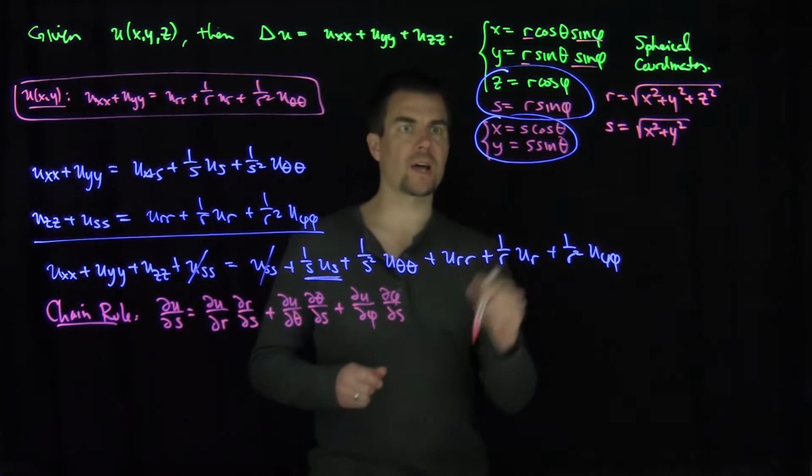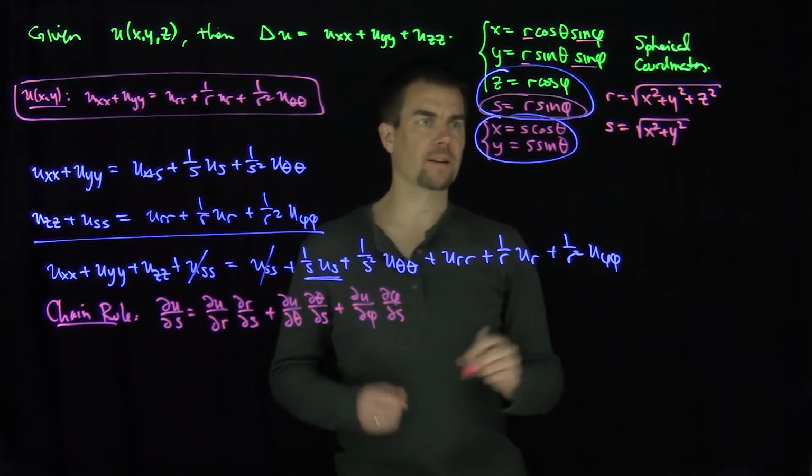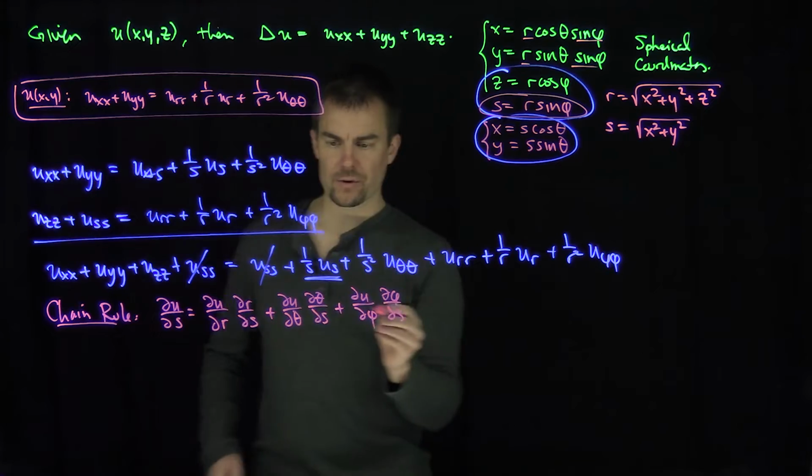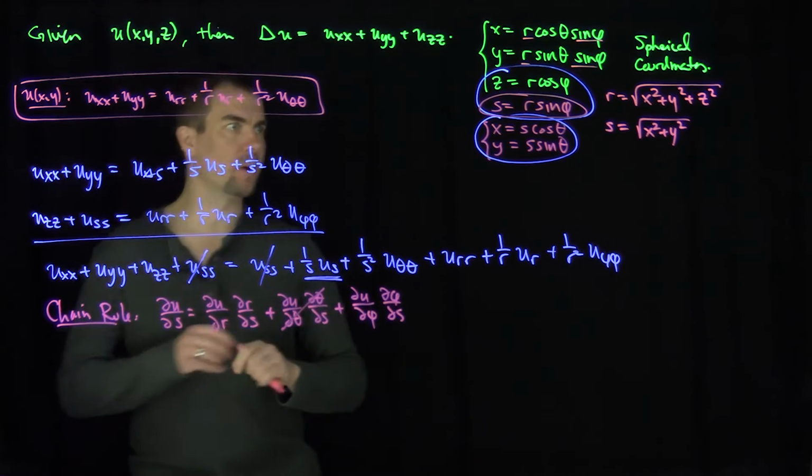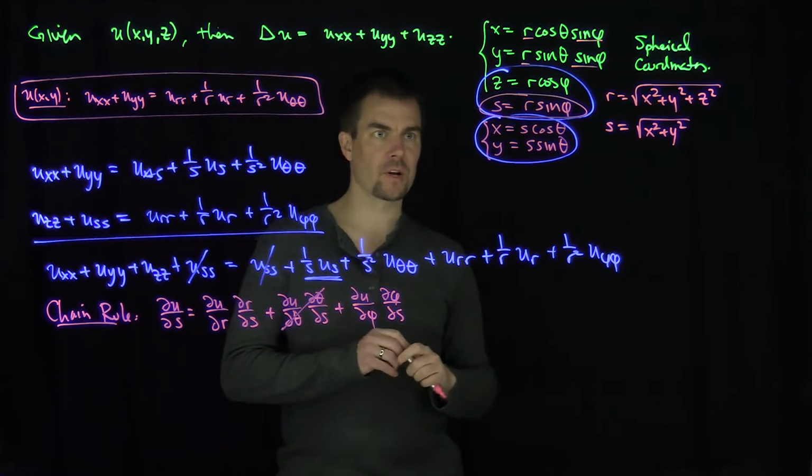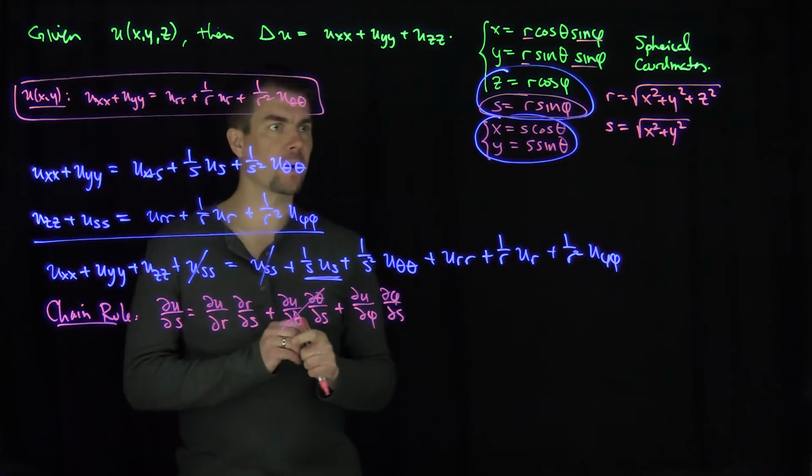One of these is really easy to do because s is a function of r and sine phi. So there's no theta dependence over here, so this term is gone because there are no thetas over there. And so now let's figure out what partial r, partial s is.